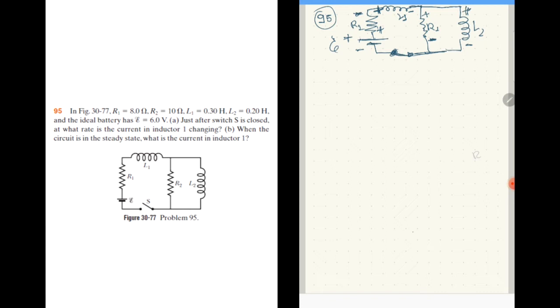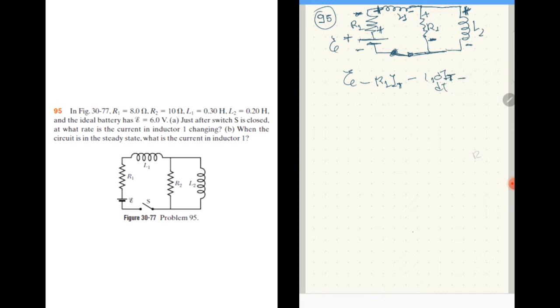And this is plus. Applying Kirchhoff's law for the first loop, it's A minus this thing, and I'll call the total current passing through resistor 1, and the voltage across the inductor equals this thing.